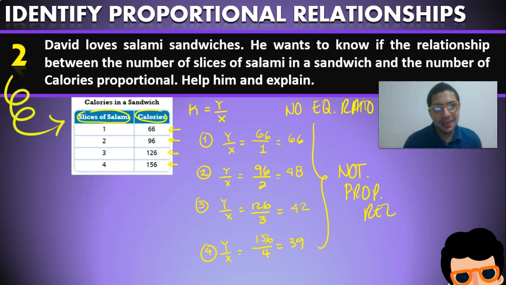So pretty simple. In the first problem, we actually found out that the value of k, or y divided by x, was the same for each and every single one of the columns. But in this case, we have all the rows, and neither of the rows give us the same answer. That means that we do not have an equivalent ratio. And because we don't have an equivalent ratio, we are not talking about having a proportional relationship.